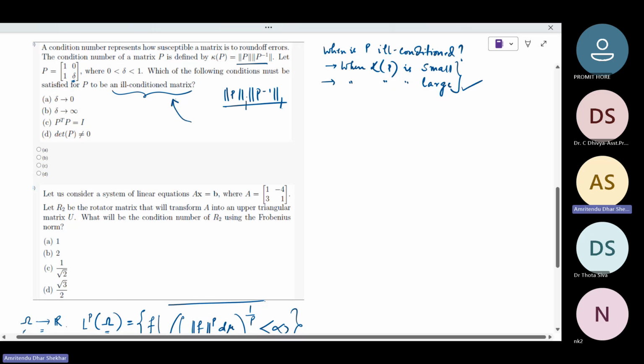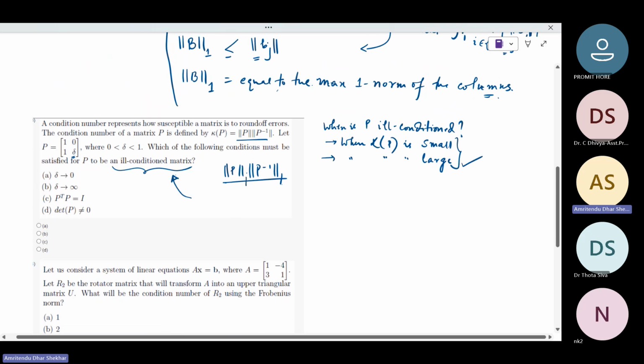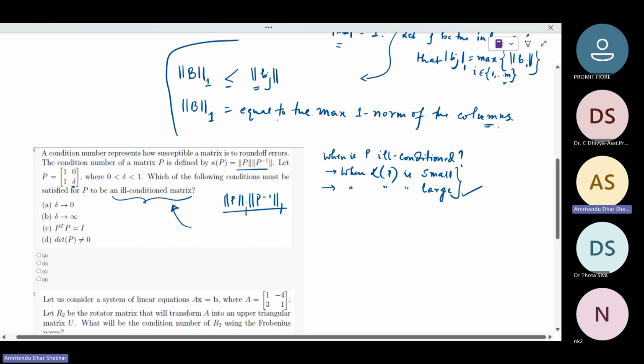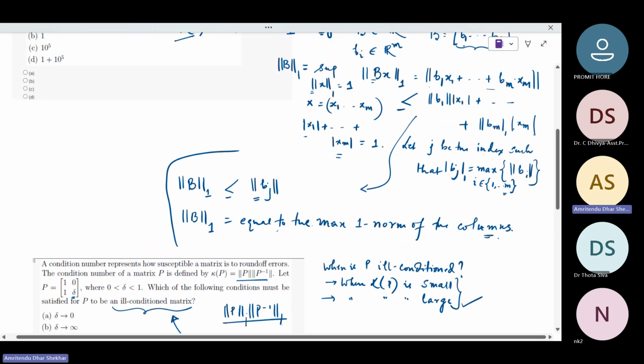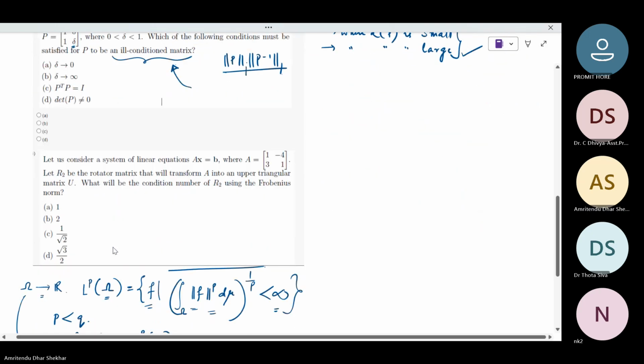You can take the one norm because computing the one norm is easy. Computing the sup norm, the infinity norm, is also easy, to be honest. So you take one of the choices and see for which you get this to be an ill conditioned matrix. All right, hopefully this is clear.